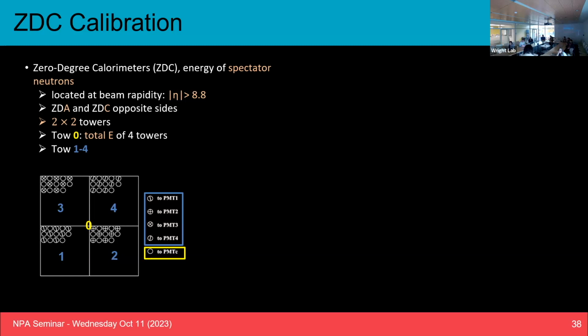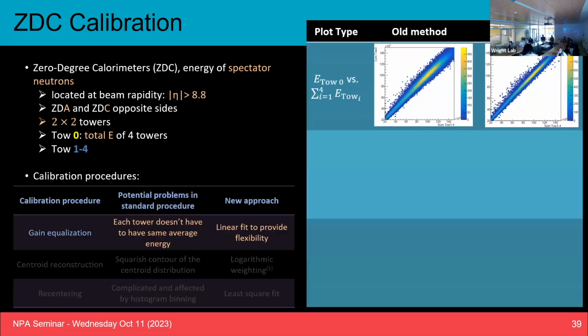Okay, so this calibration was also done by people before, but there was some problem with it. So this is where I came in and fixed it. I call this the standard procedure, which is basically what everyone did before in ALICE. The new approach is what I tried.